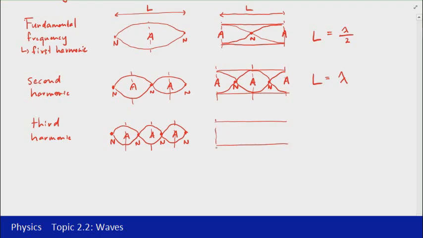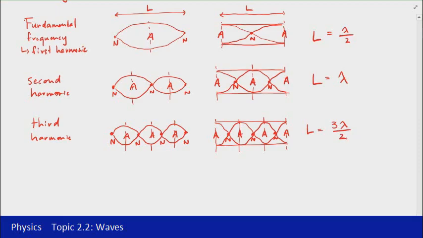And again, comparing to the air column open at both ends, we're now going to have two antinodes in the middle with nodes in between them. Hopefully you figured out with this one that the length is 3 halves, or 1.5 wavelengths. So I'm going to write that as L is equal to 3 lambda on 2.